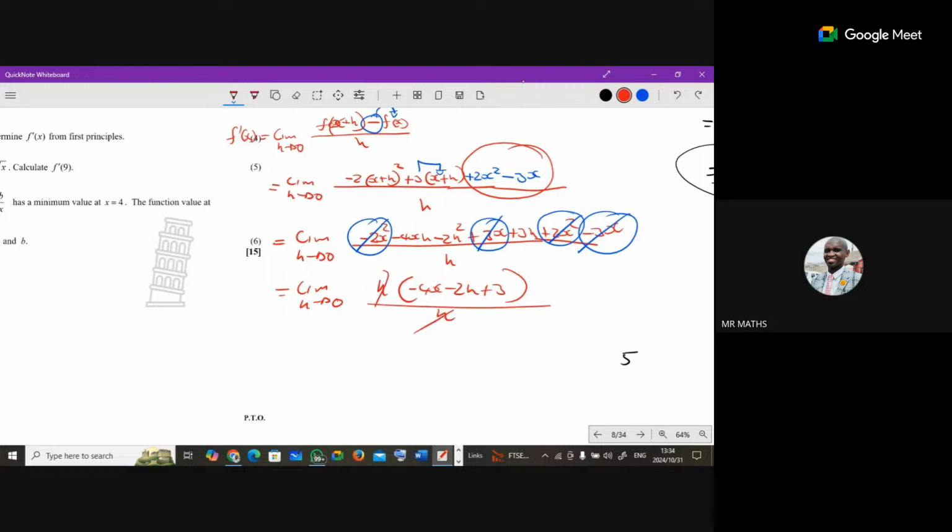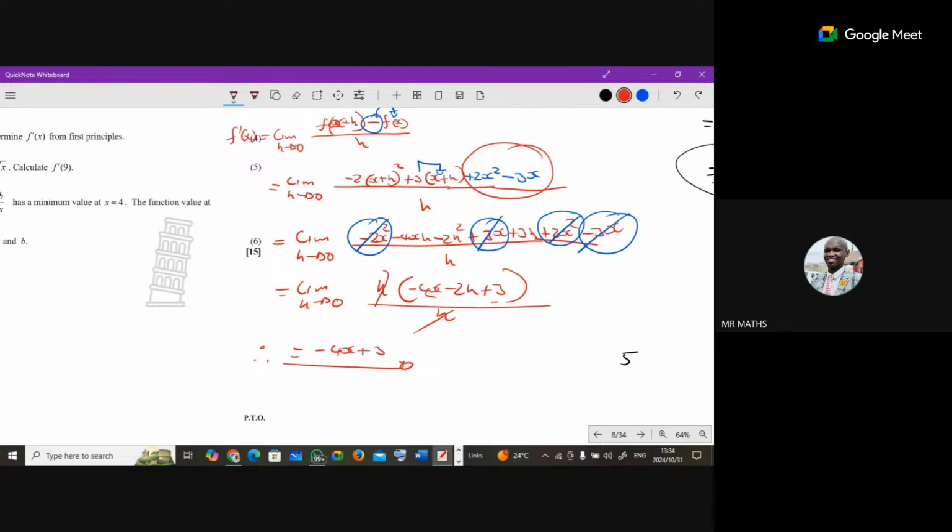Then h and h will cancel. So now, therefore, for your solution, you lose the h. Whenever you see h, you will put 0, which means you take only the items without h, because the ones with h will become 0. So you are left with negative 4x plus 3.